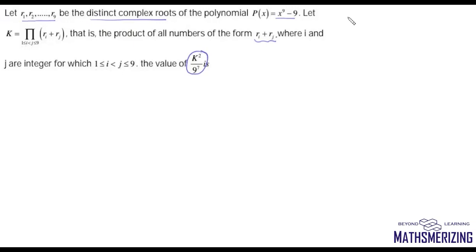Now we look at roots of this equation, which is x to the power 9 minus 9 equals to 0. We can write x to the power 9 as 9, and then I can write x as 9 to the power 1 by 9 into 1 to the power 1 by 9. Now we know that it is 9th root of unity.